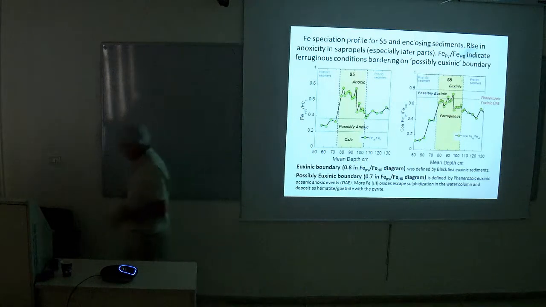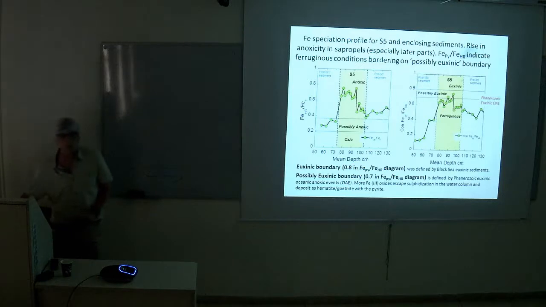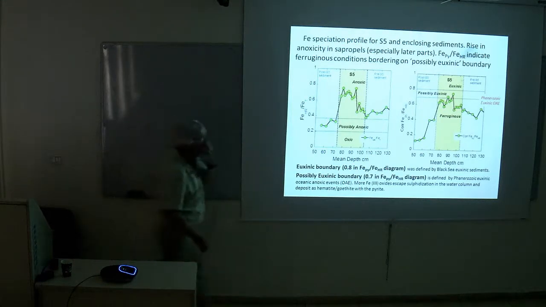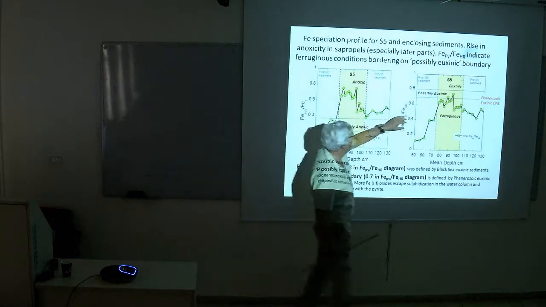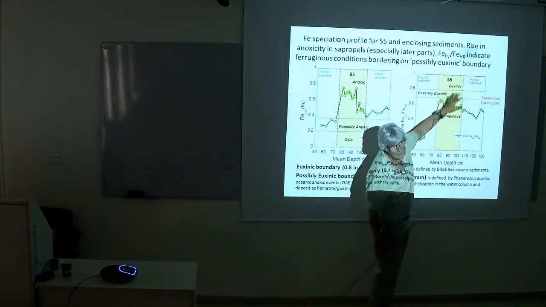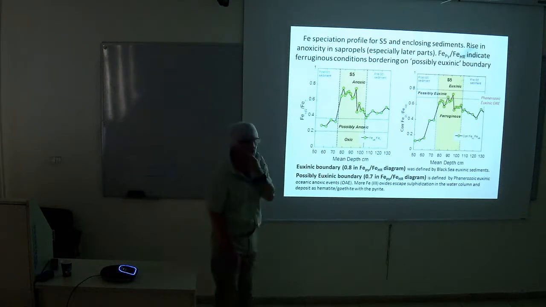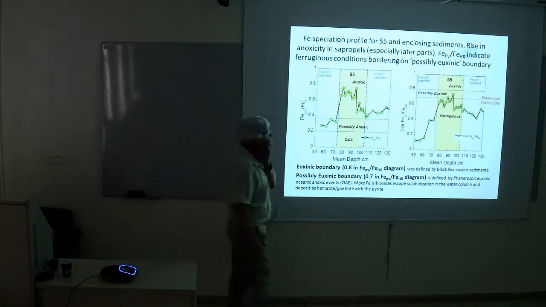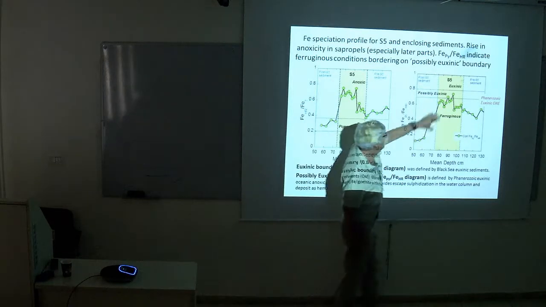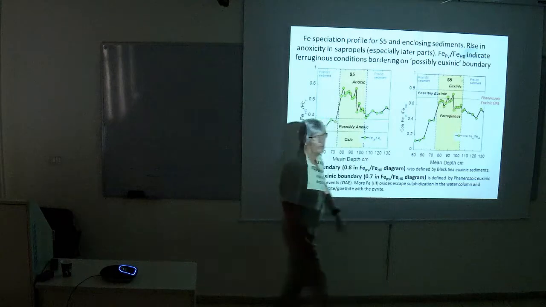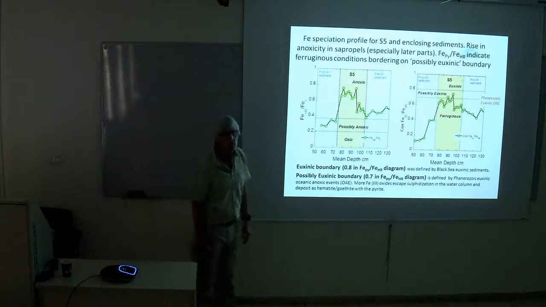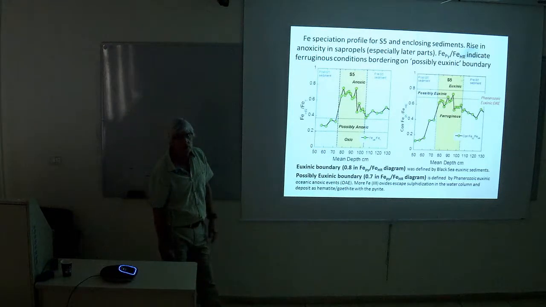And it's the same for, yeah? What are the error bars on these dots? Huge, I imagine. On these ratios, I know the errors on individual measurements would be something like plus or minus 5%. That's just measurement of the iron. So I think the point is you have to take all these boundaries with a certain amount of caution.